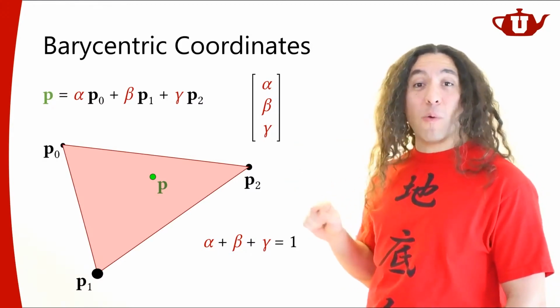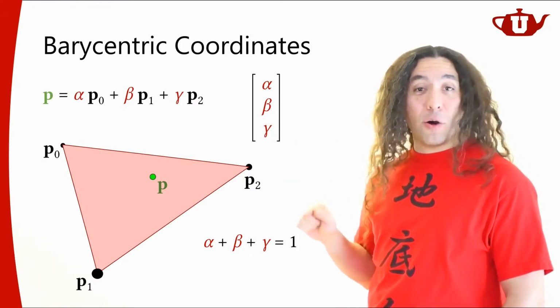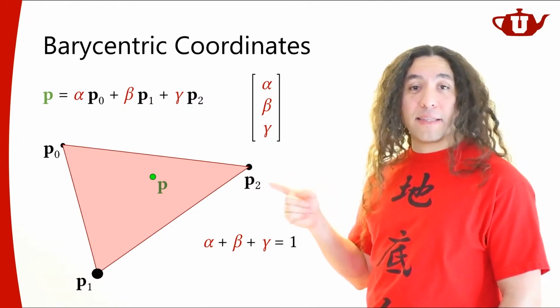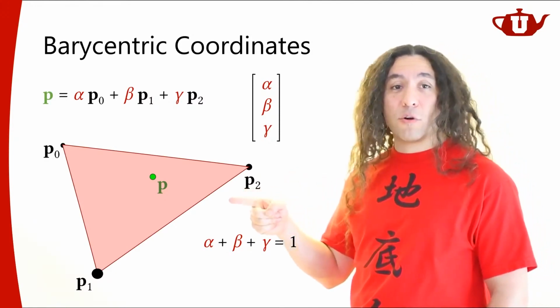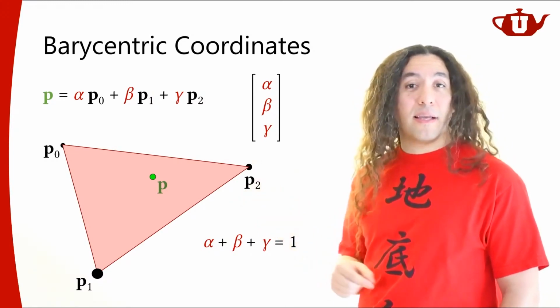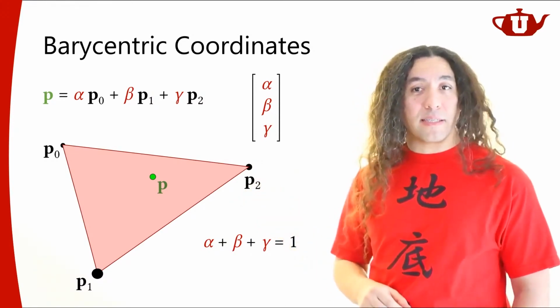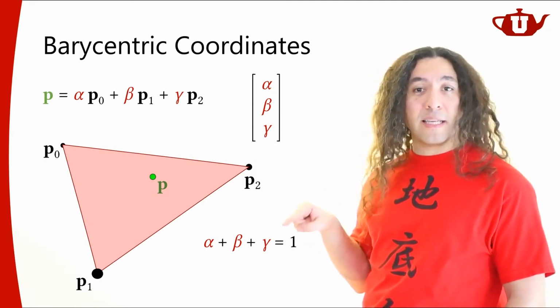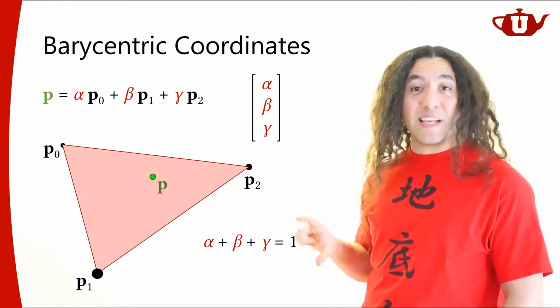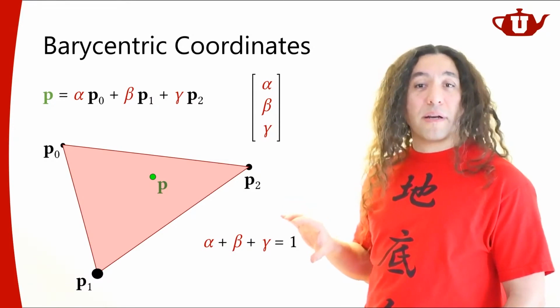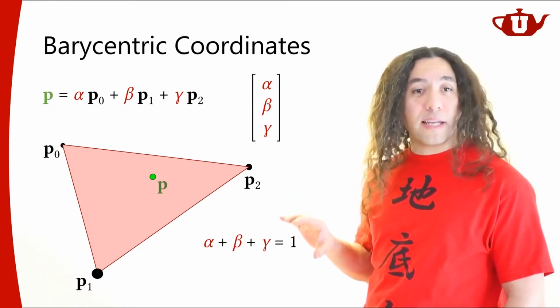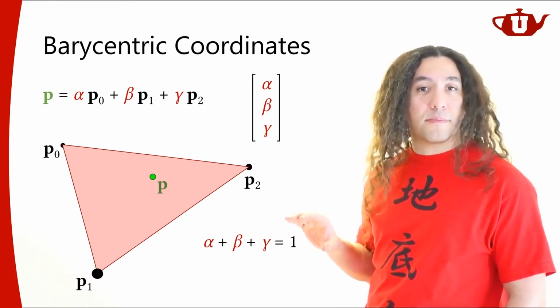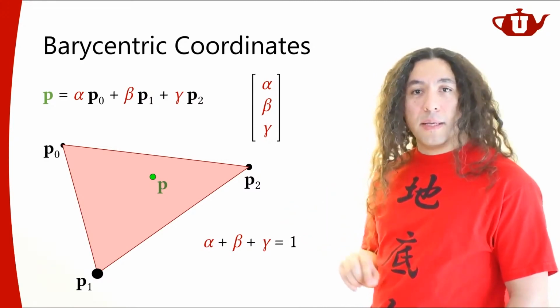And that's the only way I will guarantee that this point P is going to be on the same plane defined by these 3 vertices in space. Right? That's the only way that I can guarantee it. This equation must be satisfied. So this is a very, very important equation. Barycentric coordinates will always satisfy this equation. All right, good.